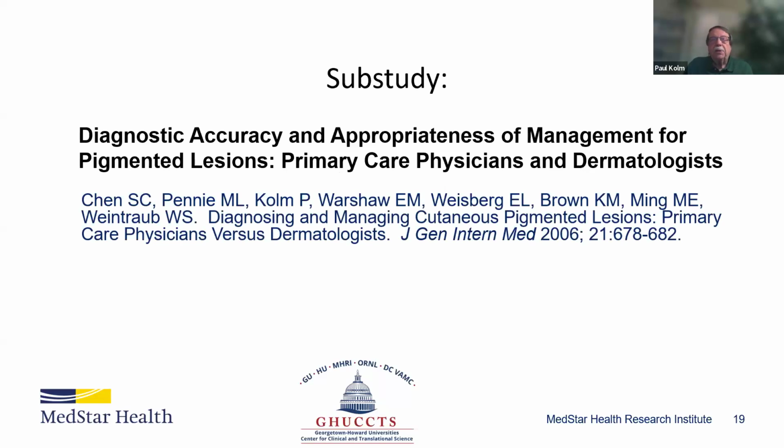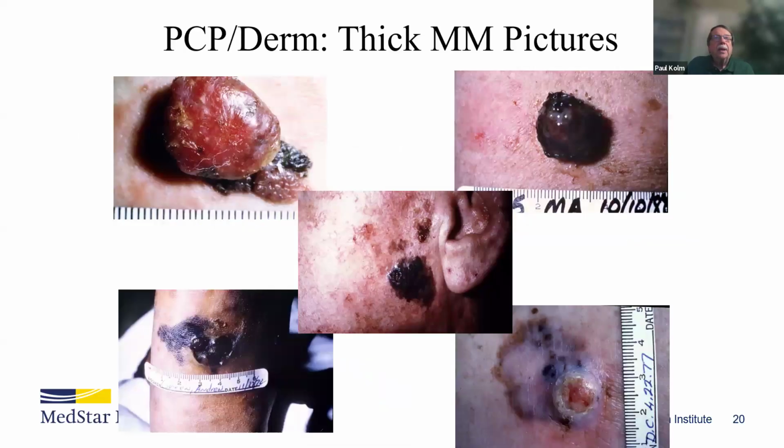And this was published a while ago in the Journal of Internal Medicine. So here's what the data is going to look like that the PCPs and the dermatologists are going to rate. So it's not actual patients, but just pictures of the lesion.